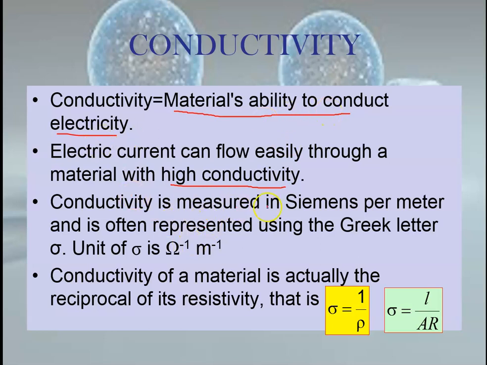Conductivity is measured in Siemens per meter, and we use this Greek letter, sigma, to represent conductivity.